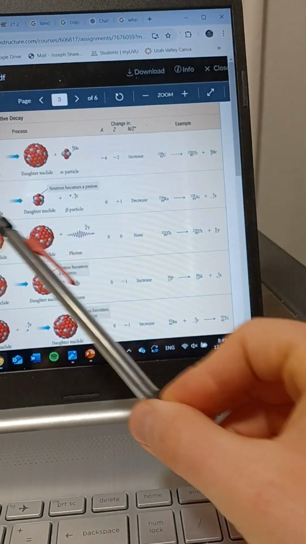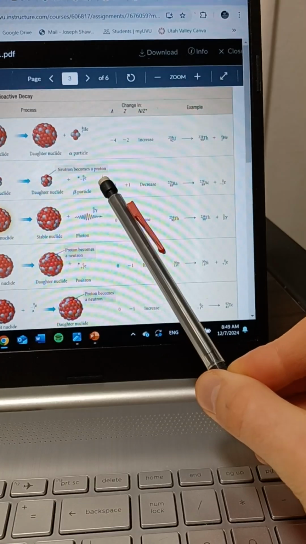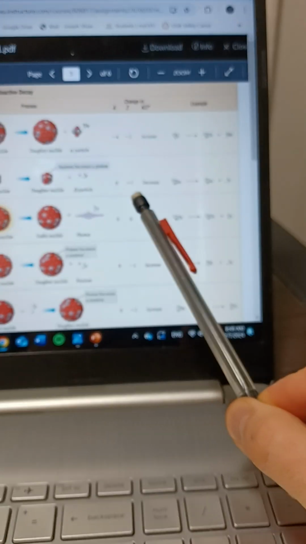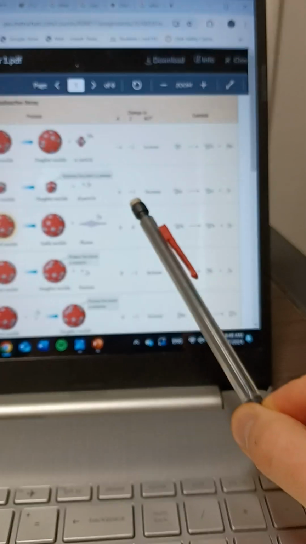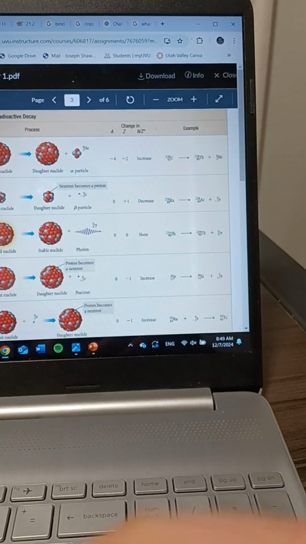So we find that beta decay, where a neutron becomes a proton, giving off a beta particle, is the most likely to be able to help us explain this decay of molybdenum 109 to silver 109.